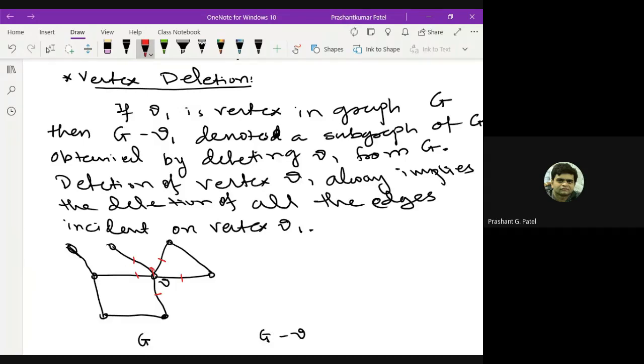All these edges will be removed. So G minus V is this graph. So this is known as vertex deletion. Vertex deletion means whatever the edges which are incident to the vertex V, all the edges will be removed.